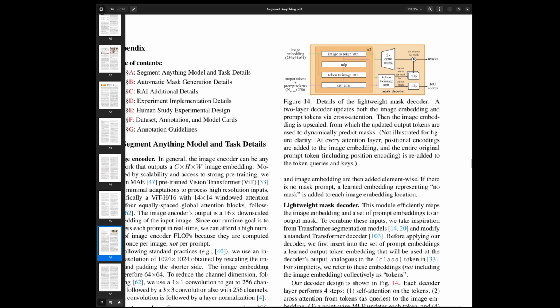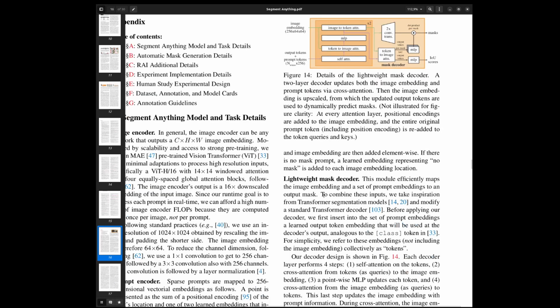This module efficiently maps the image embedding and a set of prompt embeddings to an output mask. To combine these inputs, we take inspiration from transformer segmentation models and modify a standard transformer decoder.